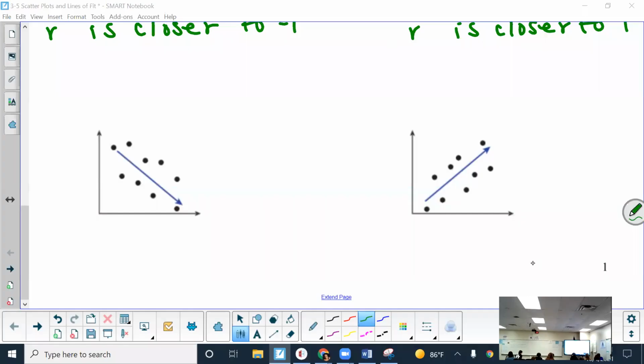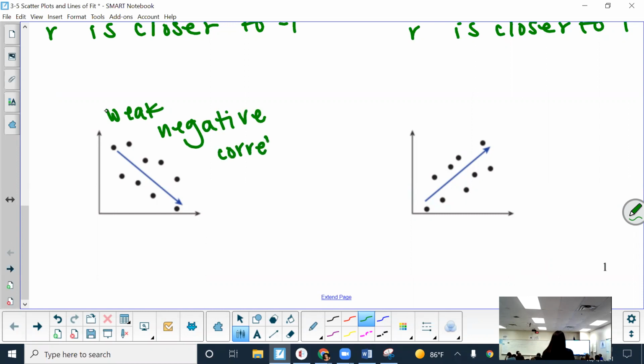So bottom left, how did you classify it? Negative, anything else? Good. It's definitely a weak negative correlation. Because do any of the points touch the line of fit? No. So definitely weak.